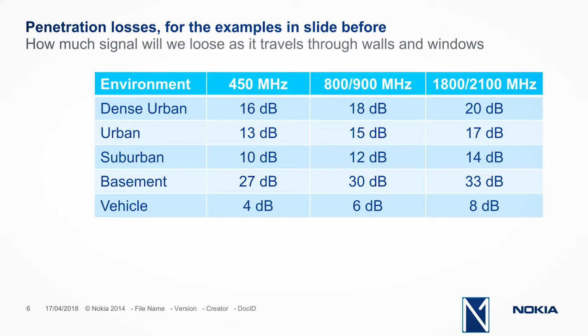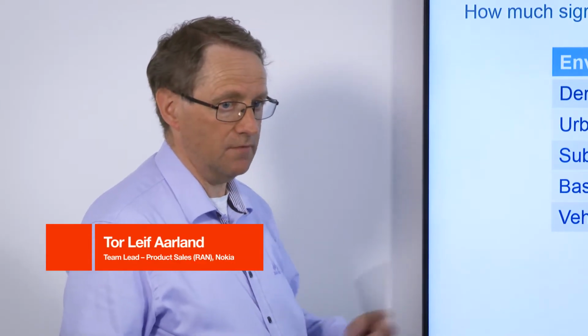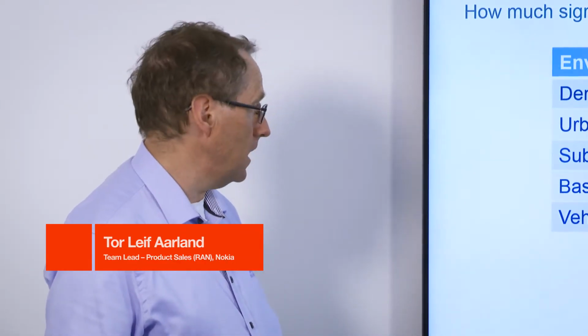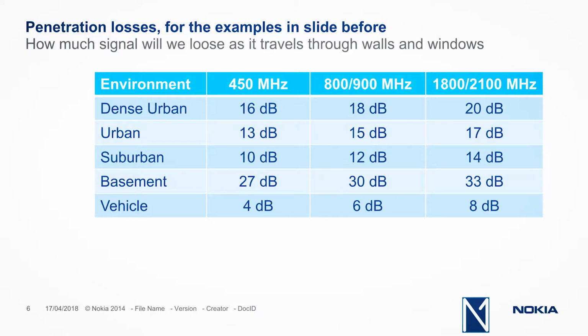For 1800, 2100, we lose 4 dB more. 3 dB corresponds to 50% of the signal level, so we lose 50% of the energy when we have 3 dB more. In urban areas we see less losses, and in suburban areas we have 10 dB losses. Still, 450 is superior to the other frequencies.